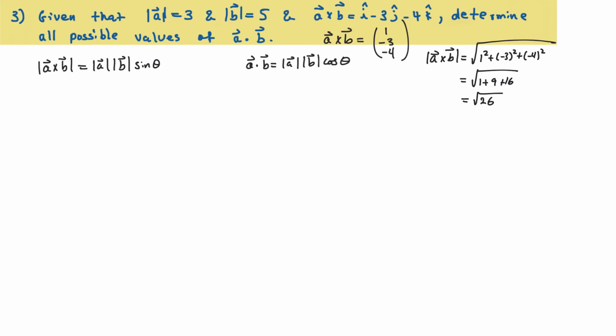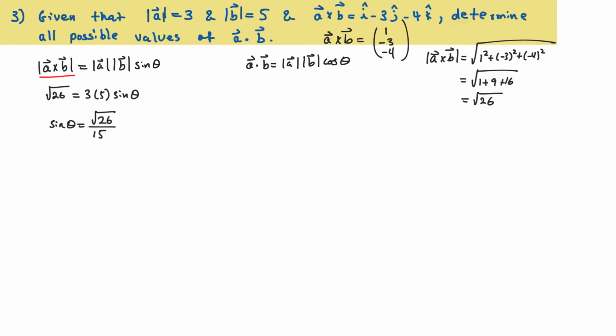Once we have this, we can plug it all back into here. We know that this is root 26, and this is going to equal the magnitude of A, which is 3, times the magnitude of B, which is 5, times sine theta, and we can rearrange for sine theta to get root 26. We're going to divide both sides by 3 and 5 to get 15 as our denominator.